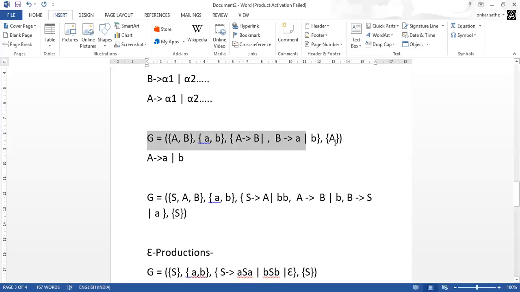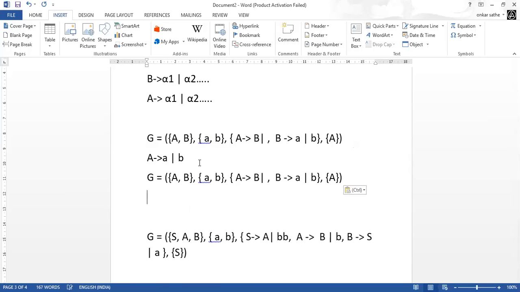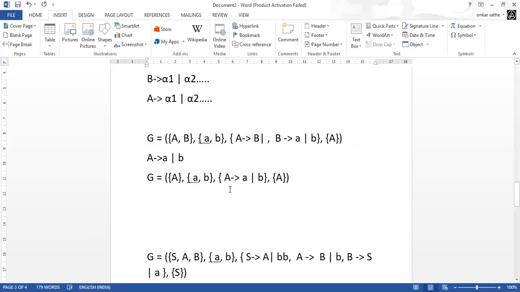So here the resultant grammar can be written as only A, then the set of terminals as it is, and this B will be replaced with its corresponding non-unit productions as small a or b. So this is the resultant grammar for the given grammar.